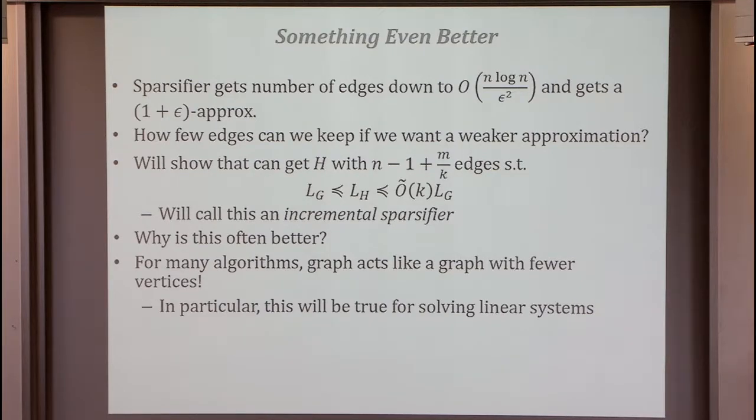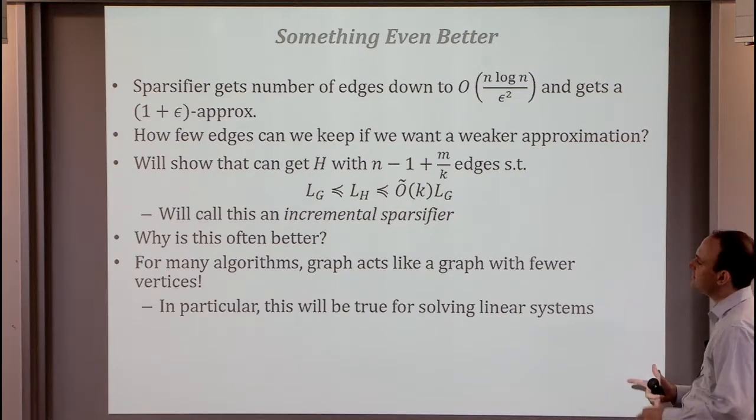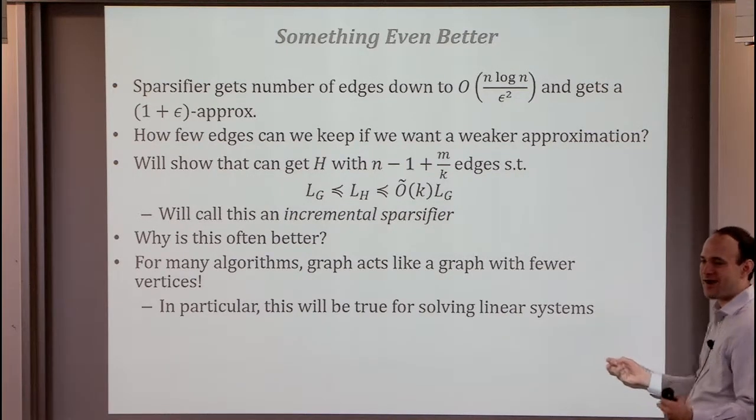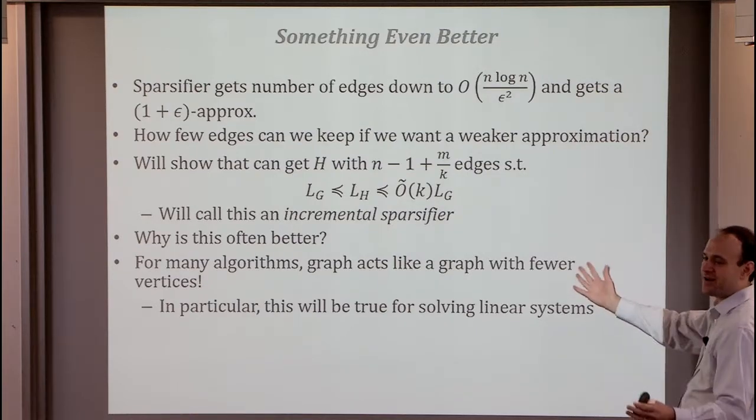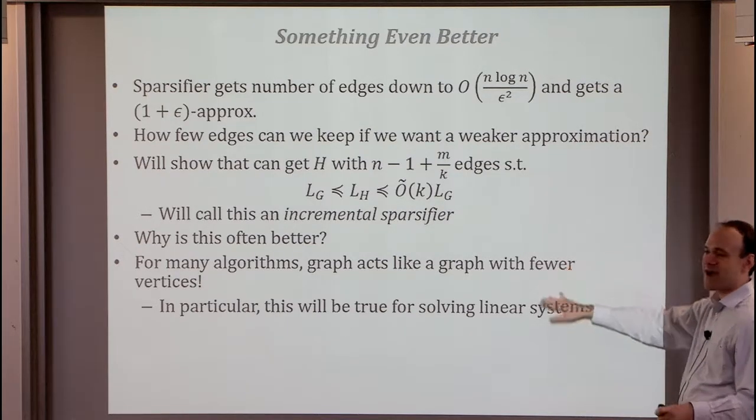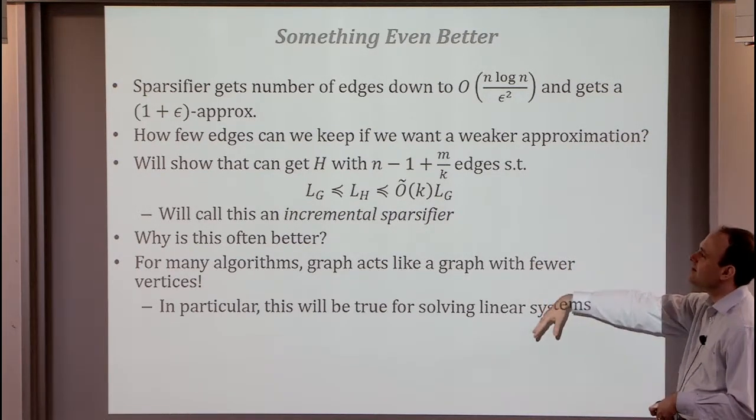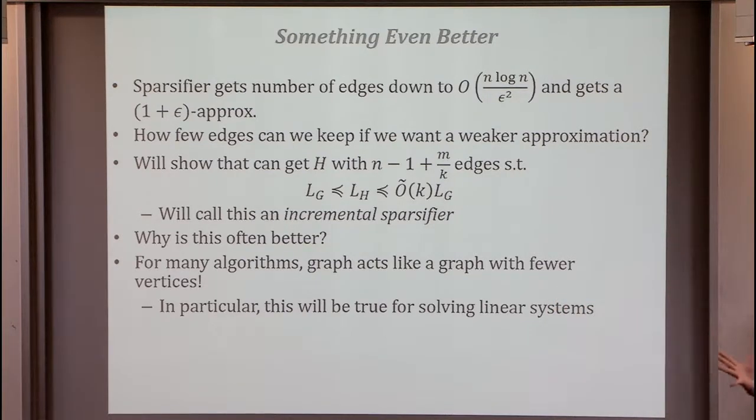I'll say this in more depth in a bit, but morally, if I have a path, I can just collapse the path to an edge, and the real core of the problem is encapsulated by the graph I get when I take all these long paths and collapse them. So if I give you a tree plus a small number of edges, you can reduce the problem in linear time to a graph whose number of vertices and edges depends on the number of edges you've added to the spanning tree, not the whole graph.